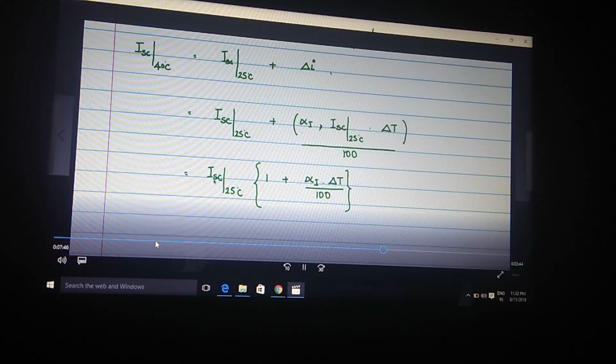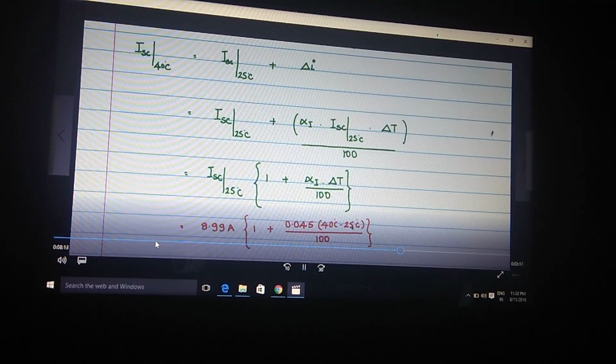For the values given in the data sheet, substituting for all these parameters here, we can get the short circuit current ISC value at 40 degrees centigrade. ISC at 25 degrees centigrade is 8.99 amps as given in the data sheet. Alpha is 0.045% per degree Kelvin.